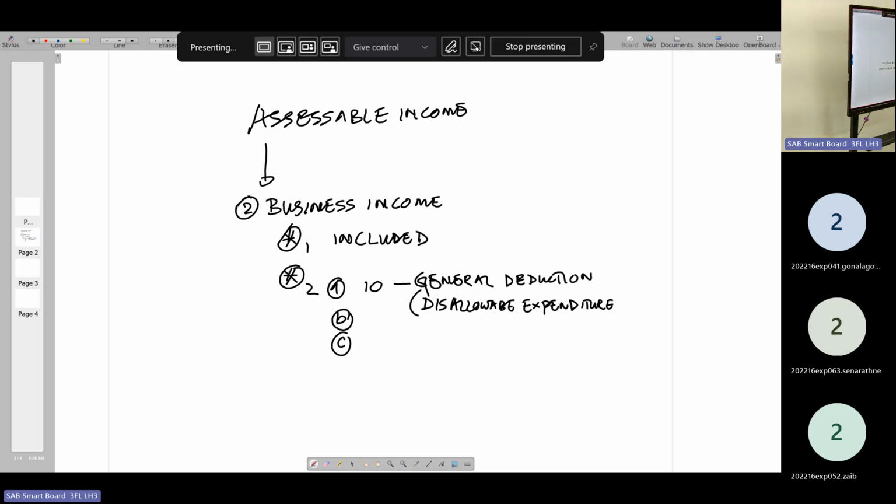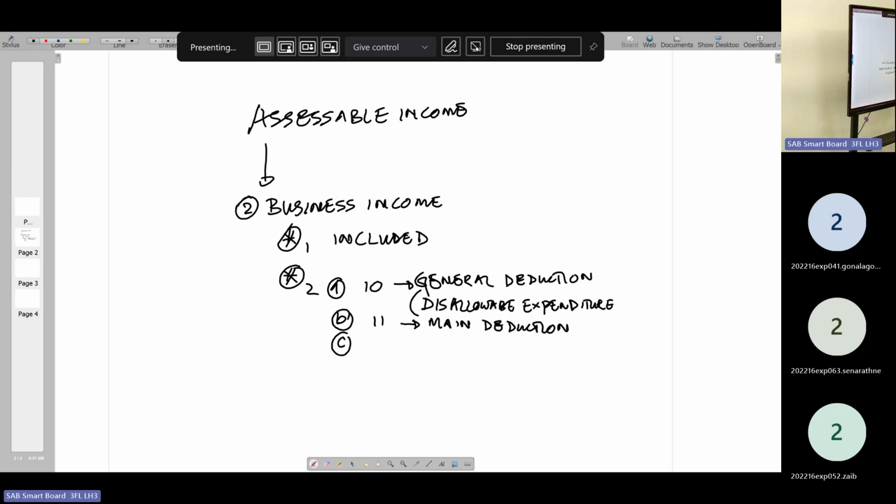Thereafter we discuss section 11. That is the main deduction.